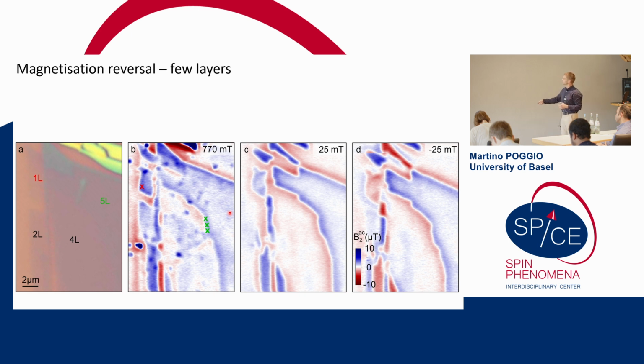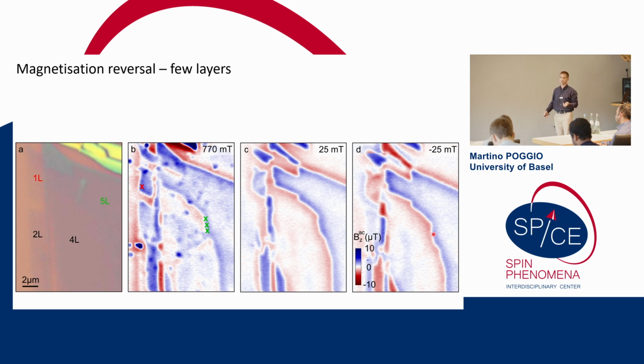And you can sort of see this already here. If you go from high field around 770 millitesla, and you reduce the field close to 0 and then go into reverse field, if you look carefully at the contrast, the monolayer has flipped, so it seems like it flips across 0, and the 5-layer region has not flipped at all.